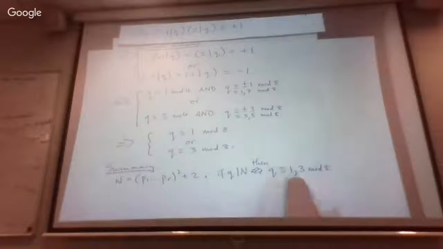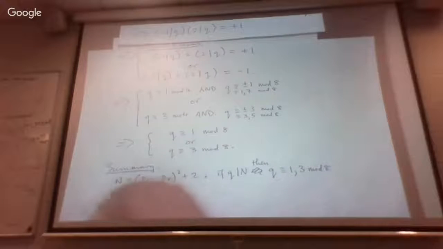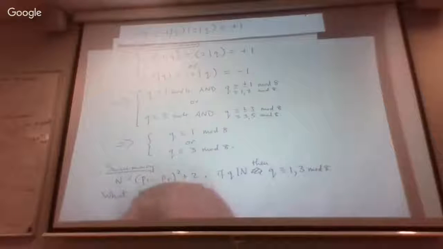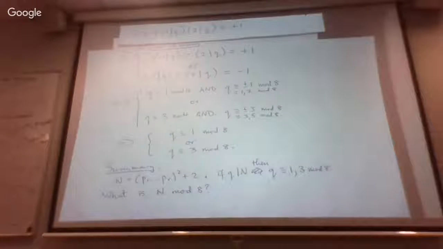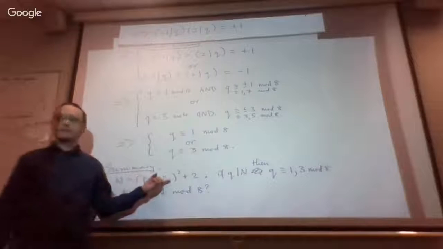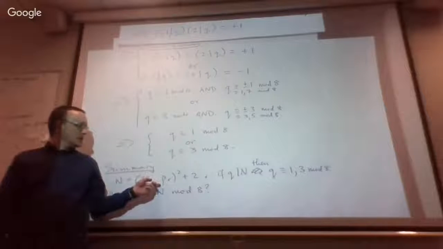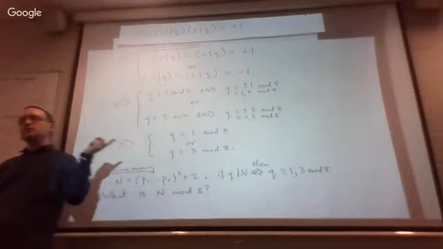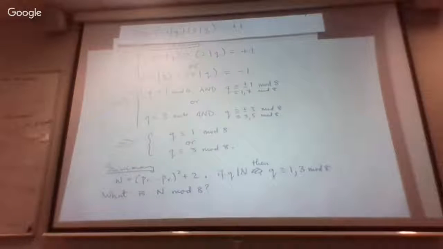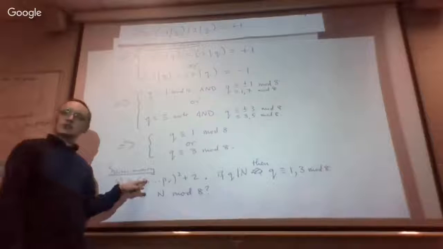So we're studying factors q of n modulo 8, but what is n mod 8? See, all these primes are congruent to 3 mod 8. But we're squaring them all. And when you square 3 mod 8, you get 9, which is 1 mod 8. So you square each of these primes, you get 1 mod 8.